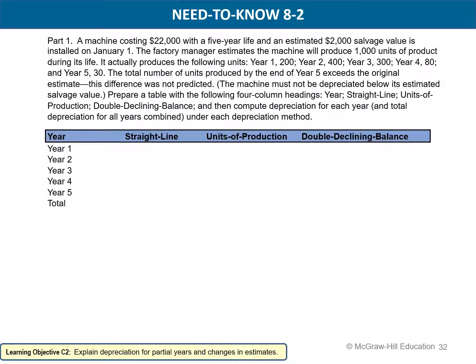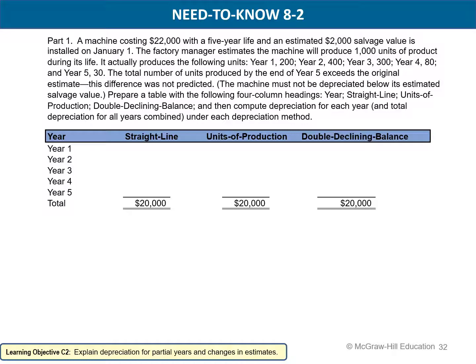So under straight line, we're going to take our $22,000 less our 2,000 salvage, divided by 5 years. So we have 20,000 of cost to depreciate over the life under every method.